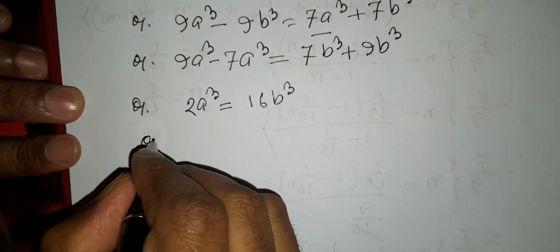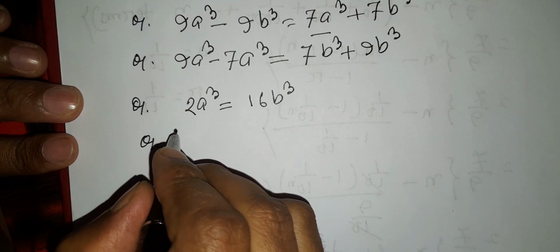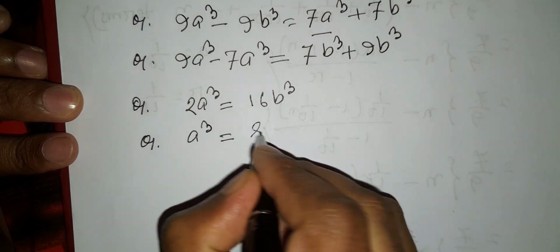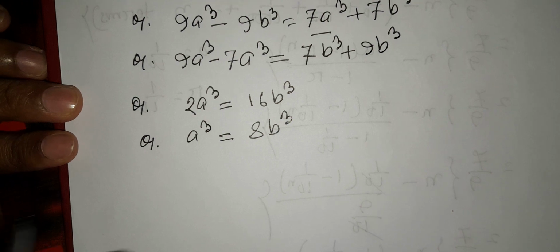Here we divide both sides by 2. We get a cube equals 8b cube.